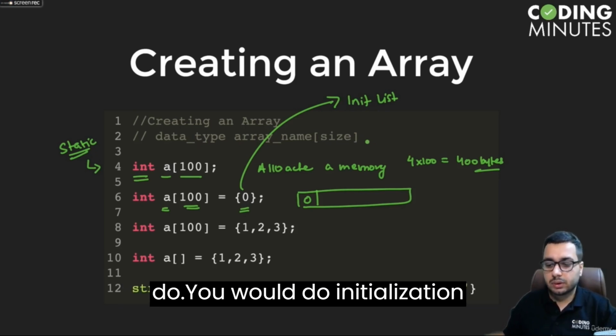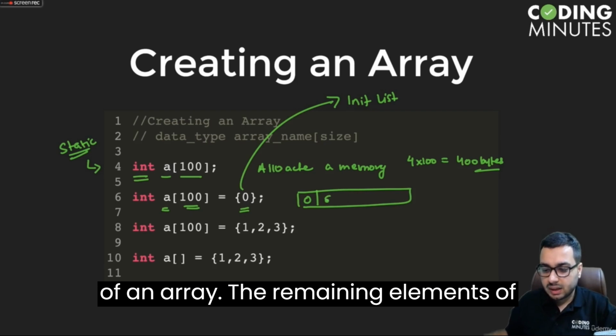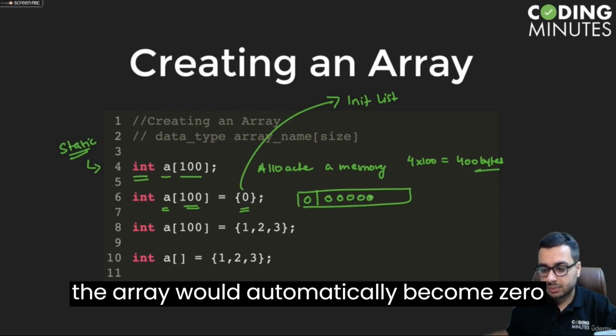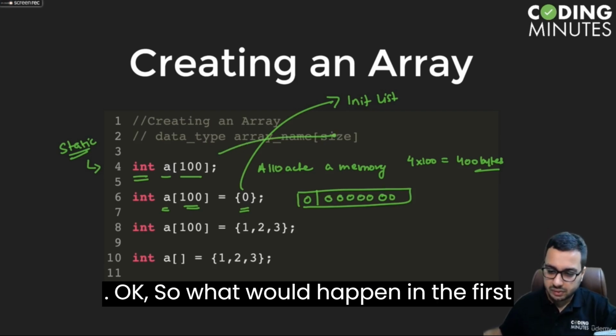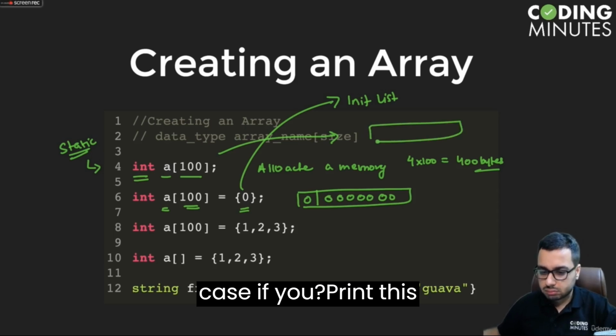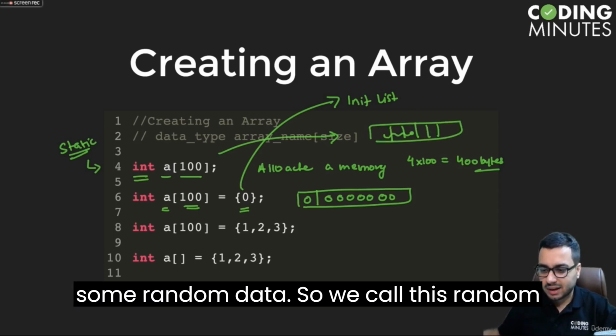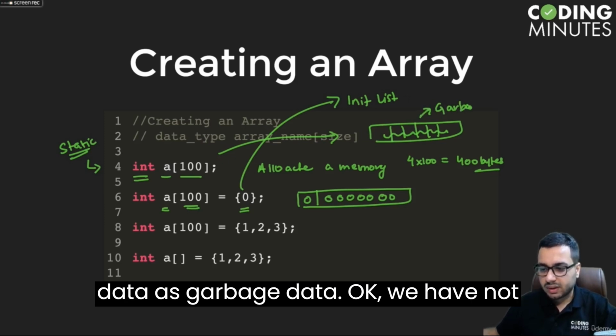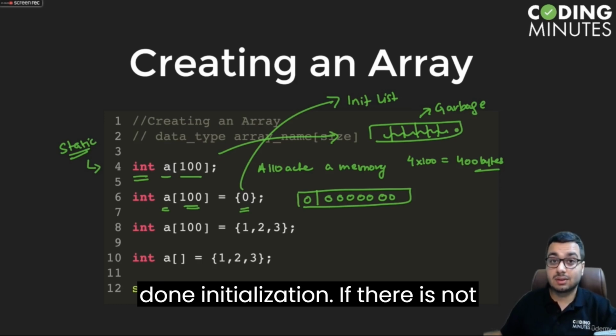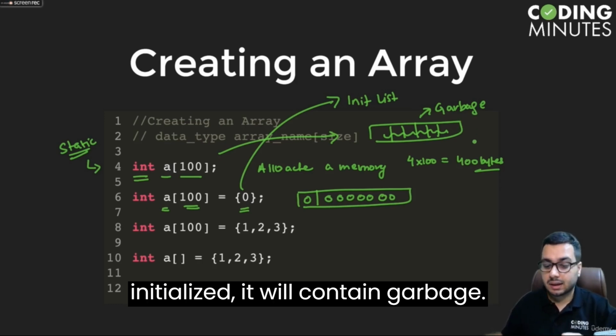Whenever you do initialization of an array, the remaining elements of the array would automatically become 0. In the first case, if you print this array, you will see that it contains some random data, which we call garbage data. We have not done initialization, and if it is not initialized, it will contain garbage.